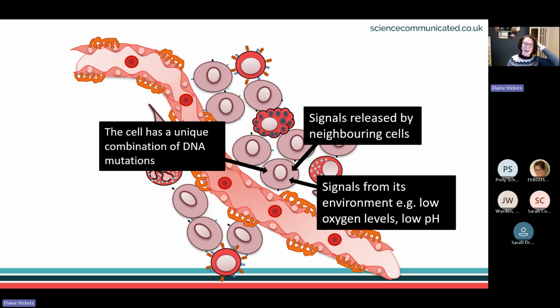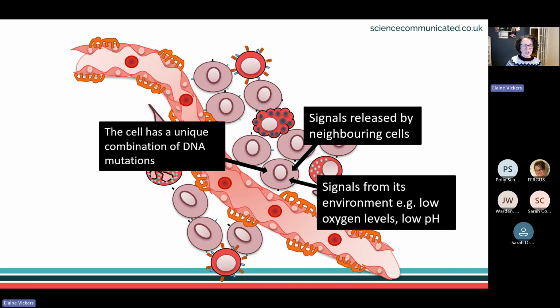And cancer cells can change, not just because of accumulating more mutations, but also as they respond to changes in their environment. If oxygen levels drop because the blood supply is compromised, that will change their behaviors. If the pH drops and the environment becomes more acidic, that will also change the cell's behaviors.